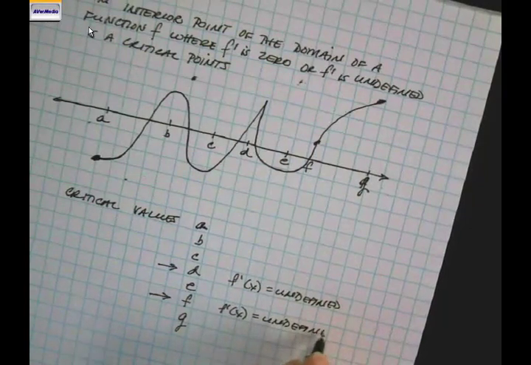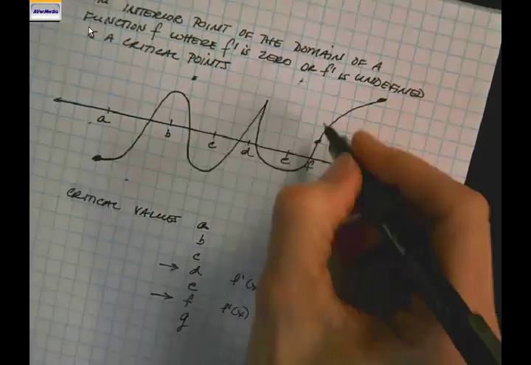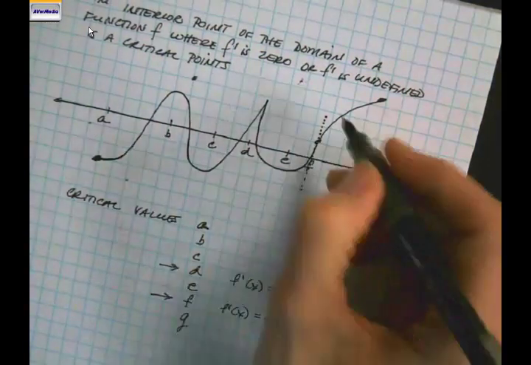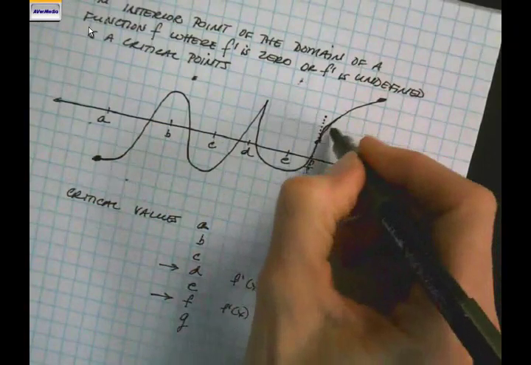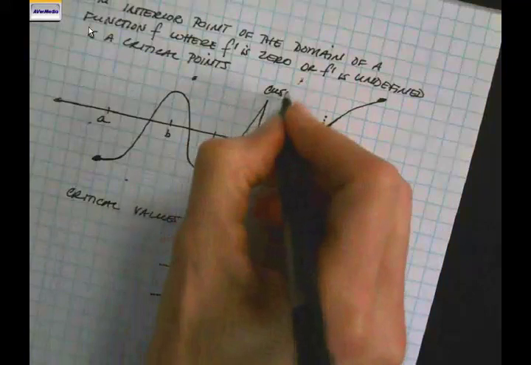Why are those points still important? Well, F is not really so wonderful, right? That doesn't give me a local max or a local min. But at D, that is a local max, right? So we don't want to lose a local max because we're not considering where the first derivative is undefined. I tried to make a vertical tangent line there, so there's a vertical tangent line, and here's a cusp.